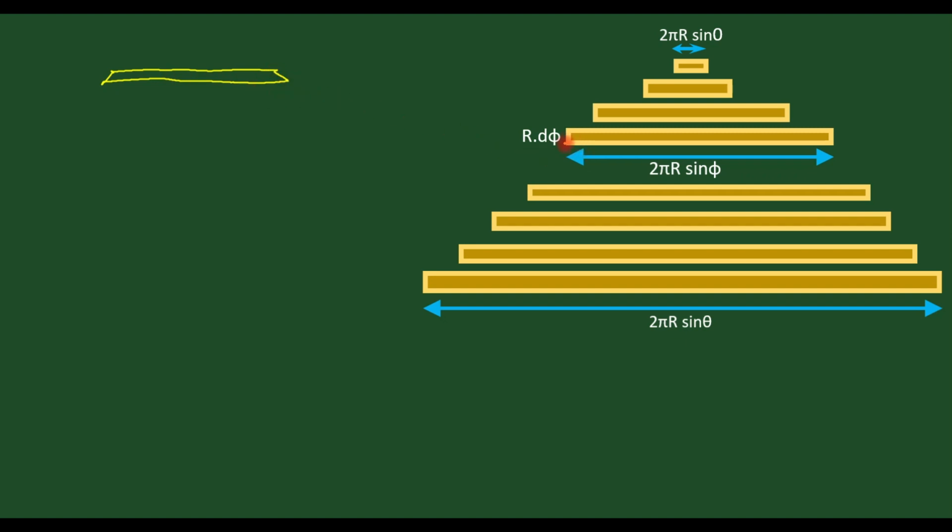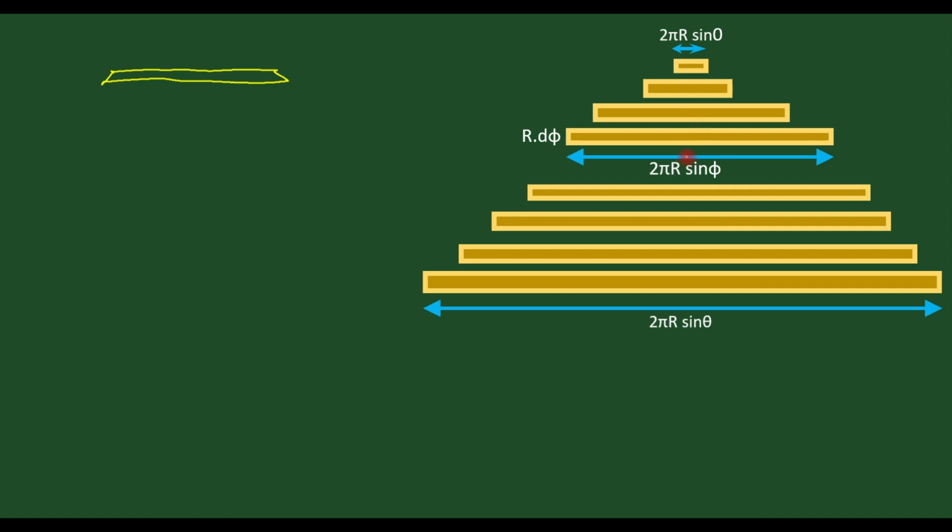So this width has to be kept very small. Width is r into d phi, which is very small, as d phi is a very small angle. Since the width is extremely small, we have numerous such rectangular belts, and the collective surface area of all these belts is equal to the area of the curved surface of the given portion.